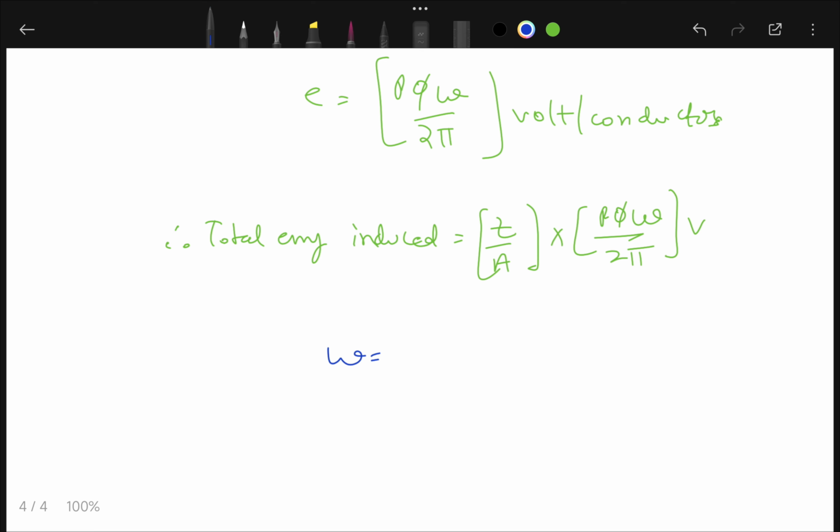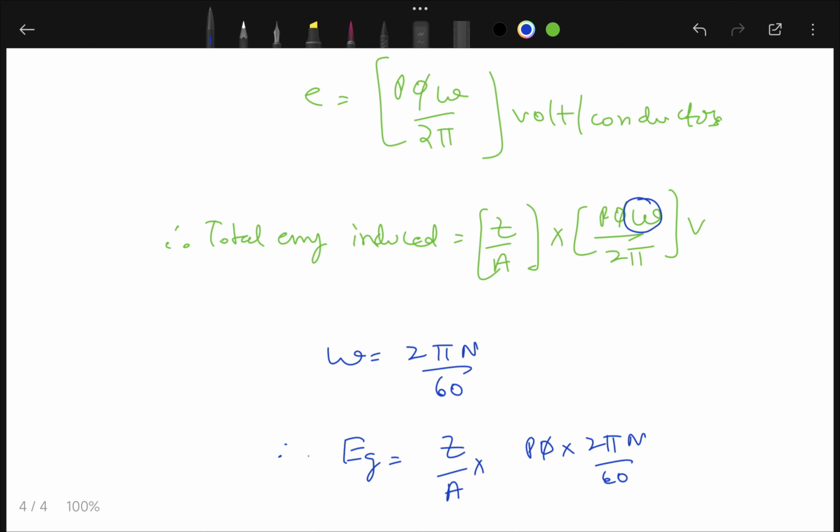But speed omega is angular speed, and generally we will be given in RPM in numerical problems. So we should know the relation: omega is 2 pi n by 60. Therefore Eg is equal to Z by A into P phi into, in the place of omega I am going to substitute 2 pi n by 60, whole divided by 2 pi. Already 2 pi is there, so I can cancel the common term 2 pi.